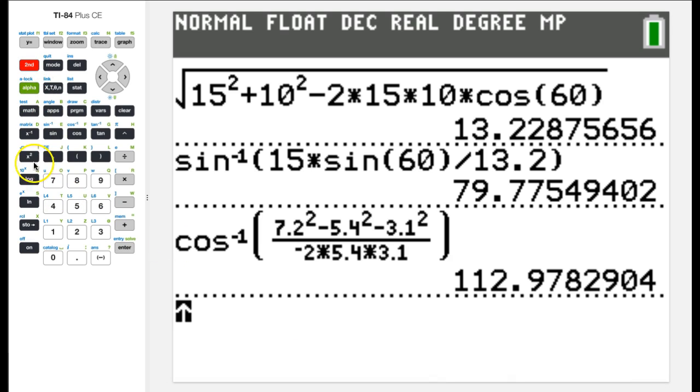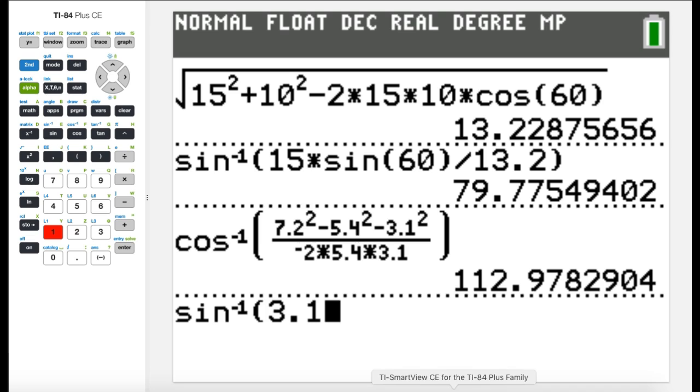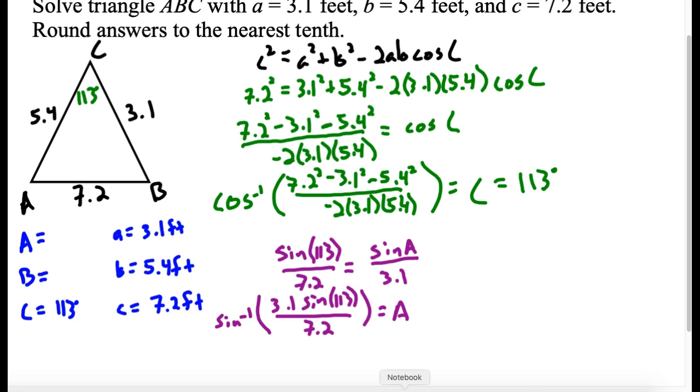So inverse sine of 3.1 times sine of 113 divided by 7.2.